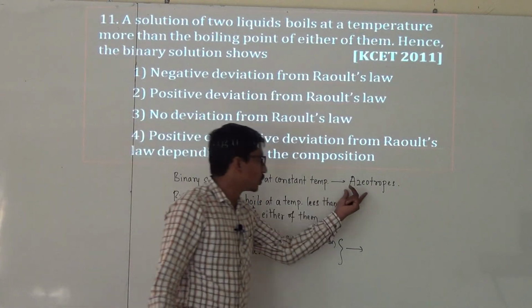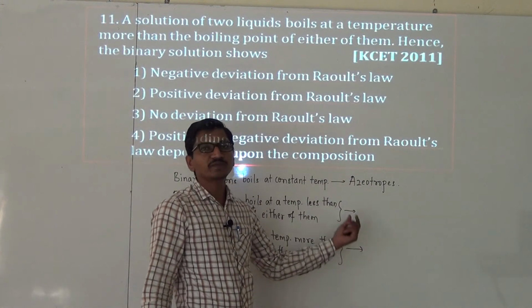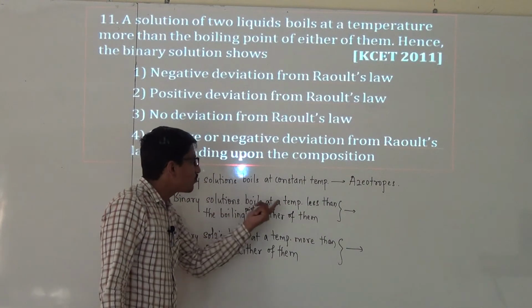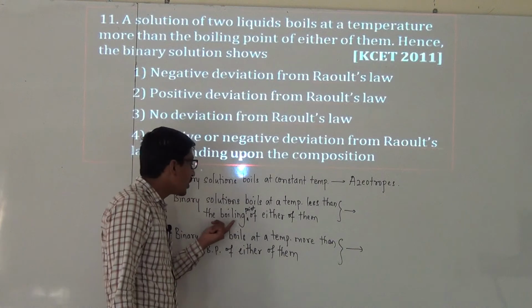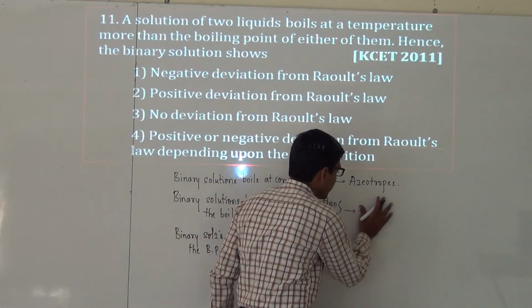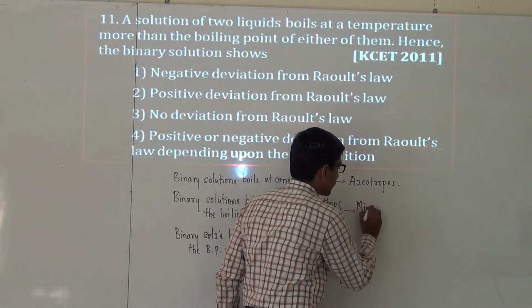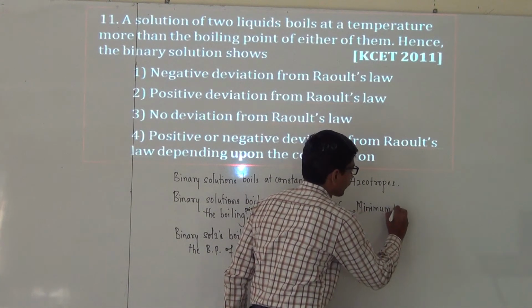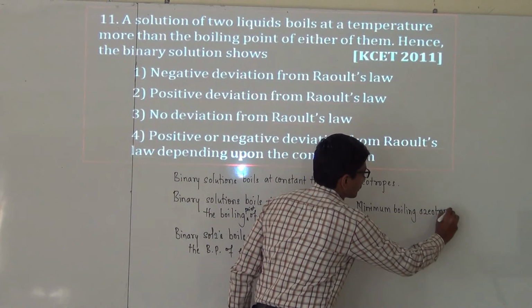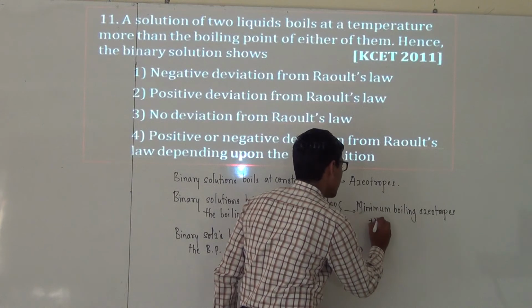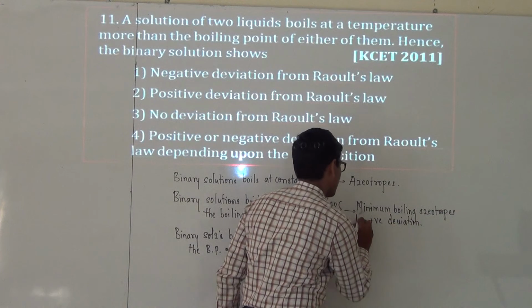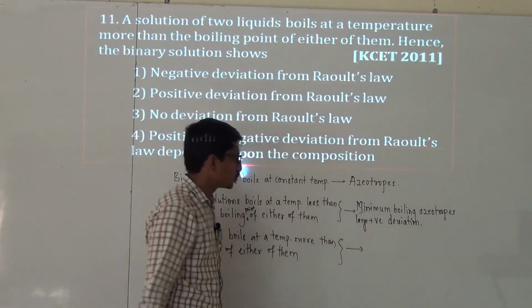Same temperature means azeotropes, and azeotropes are divided into two different types, minimum boiling azeotropes and maximum boiling azeotropes. Binary solutions boiling at a temperature less than the boiling point of either of them are minimum boiling azeotropes. Minimum boiling azeotropes show large positive deviation.